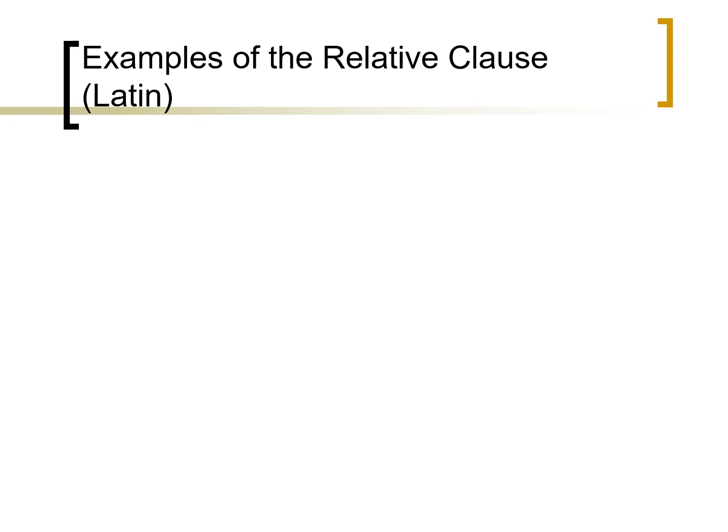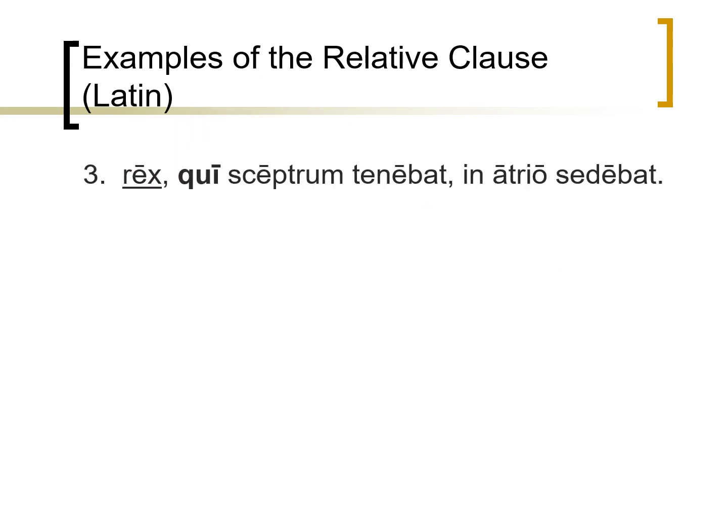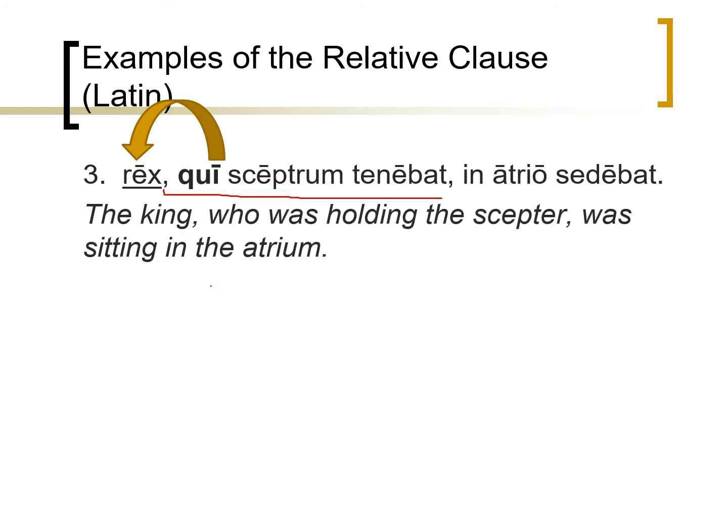Some more examples of the relative clause. Rex, qui sceptrum tenebat, in atrio sedebat. The relative clause, qui sceptrum tenebat, introduced by qui, referring back to rex, so it's masculine, singular. The king, who was holding the scepter, was sitting in the atrium.